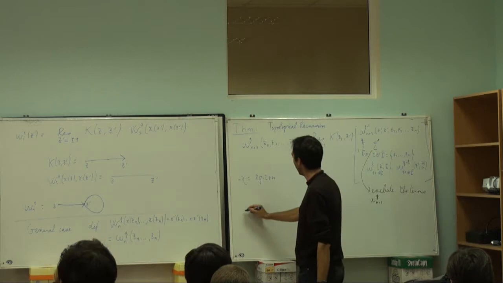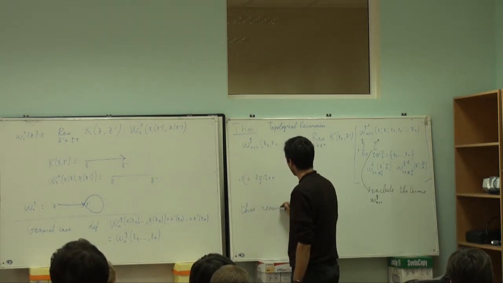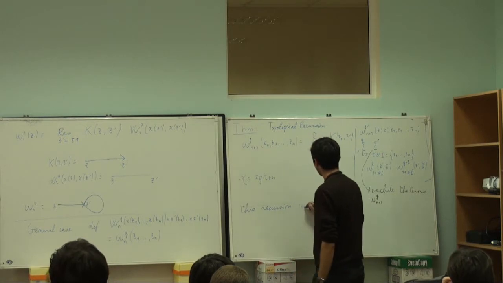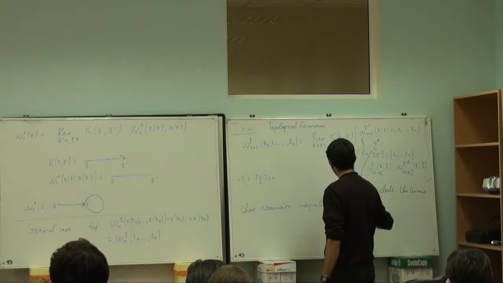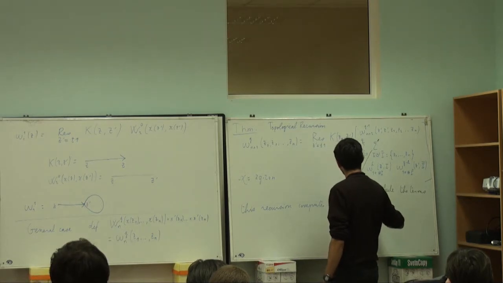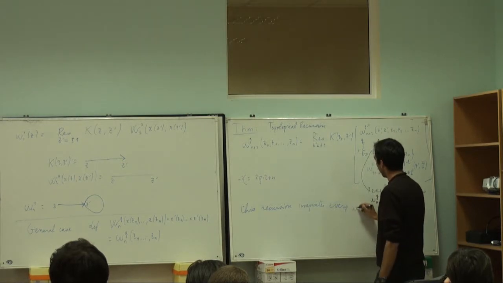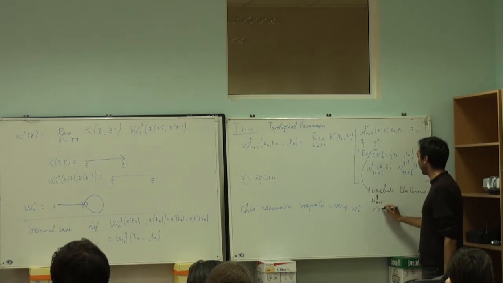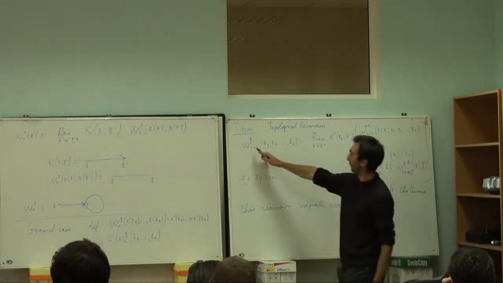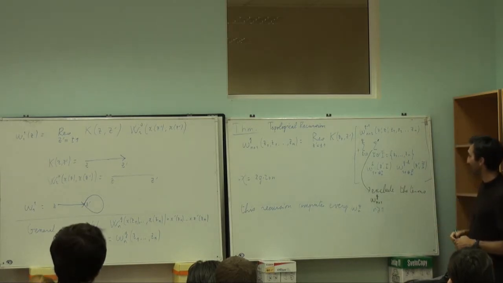So this recursion computes every omega n g, sorry, with n larger than or equal to 1, because we have this n plus 1. It does not compute the omega 0 g.